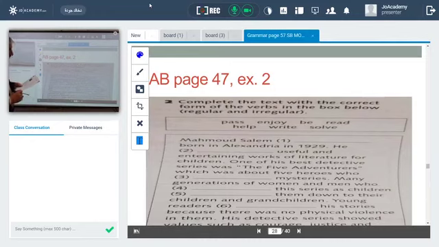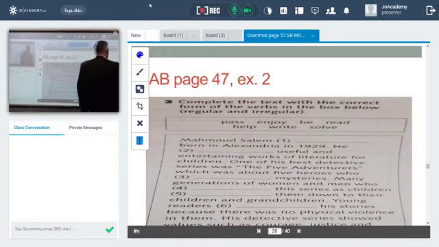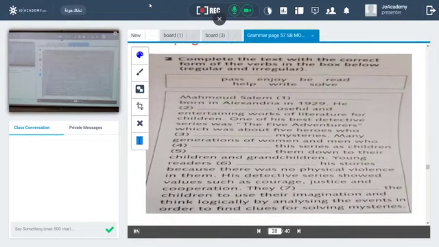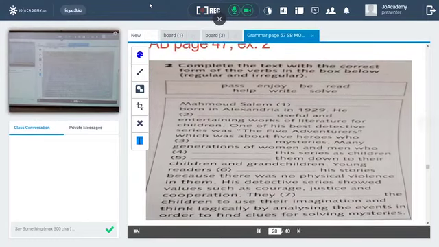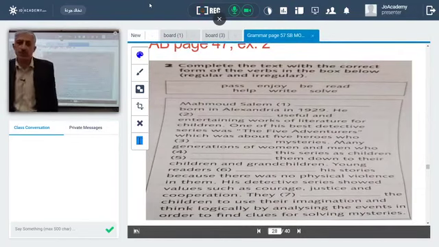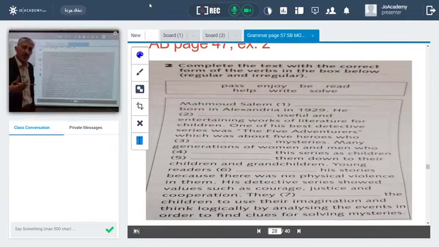Complete the text with the correct form of the verbs in the box below, regular and irregular. So we have regular verbs and we have irregular verbs. You remember the regular verbs, we just add ed to the end of the verb. But irregular, as I told you earlier, we need to learn them by heart. We need to memorize these irregular verbs.